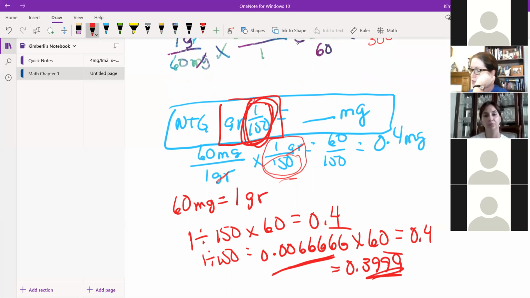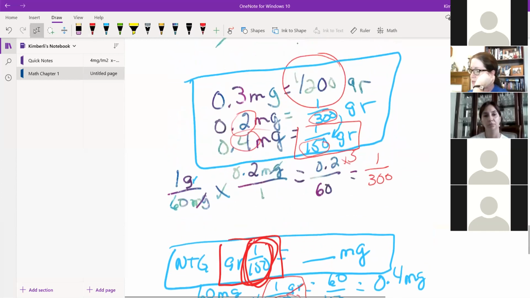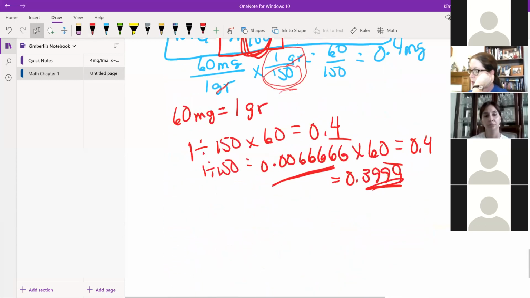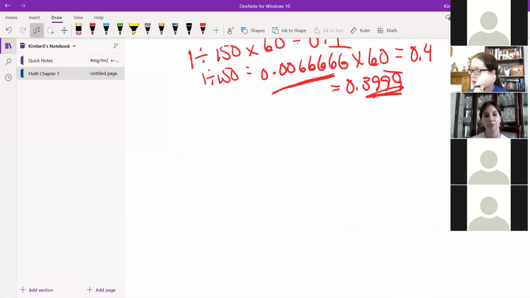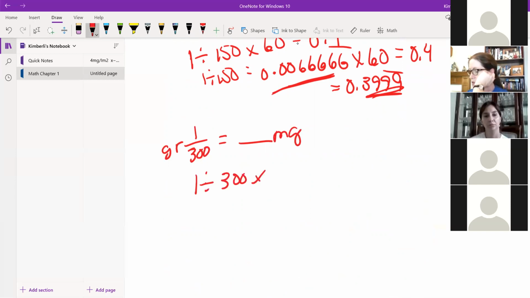So if we do this using, say, 0.2 milligrams, which is 1/300. One divided by 300 times 60. What do we get with that one? 0.2.